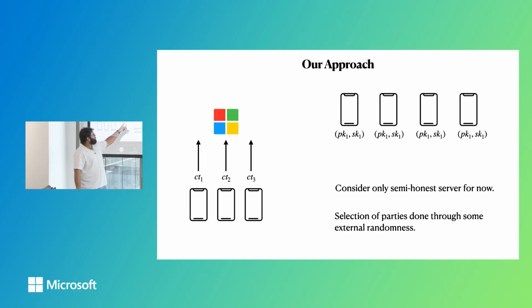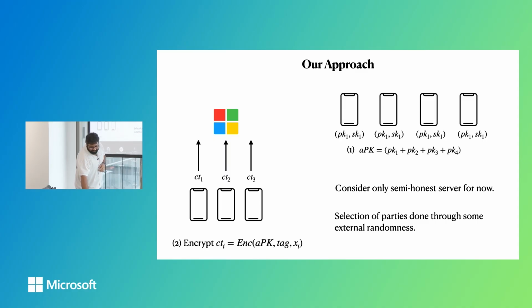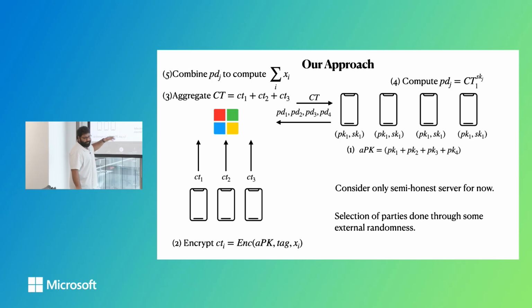So the clients can compute the aggregated public key for all of these parties. The clients then encrypt with respect to that aggregated public key and a tag, and send the ciphertext to the server. The server aggregates those ciphertexts and sends them to the committee. The committee computes partial decryptions and allows the server to compute the aggregate. So for a semi-honest adversary, this works.